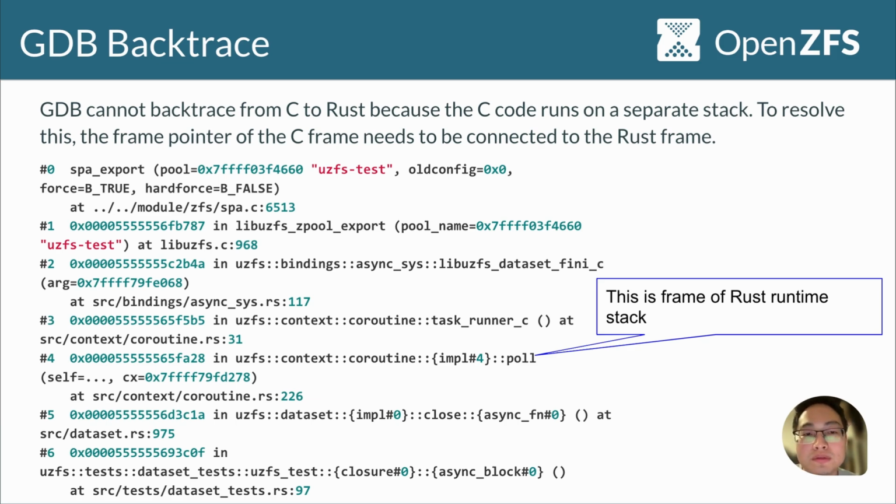In this example, frames 0 to 3 are in the C stack, the coroutine stack.